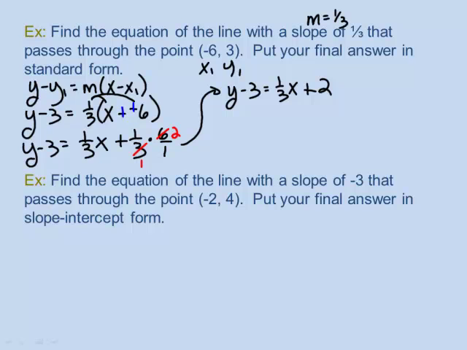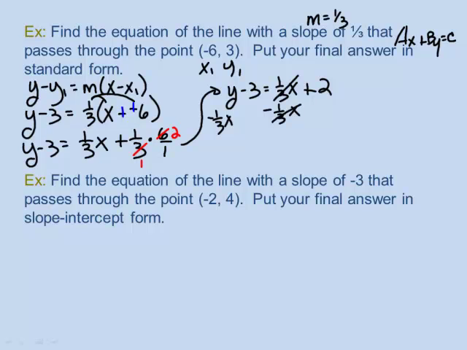All right, now at this point, we want to get our x's on one side, our y's on that same side, and our constants on the other, because we're looking for ax plus by equals c form, standard form. So I'm going to move my 1/3 x to my other side, and that will get rid of it on my right-hand side.